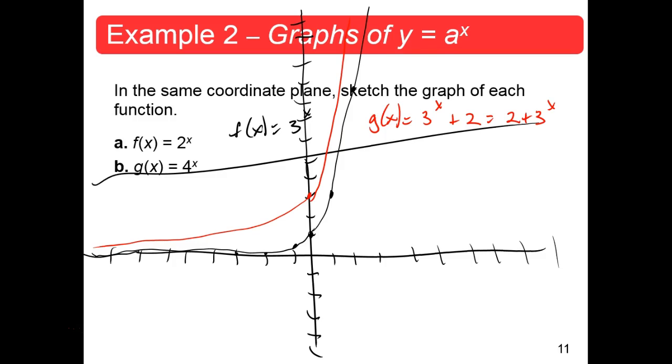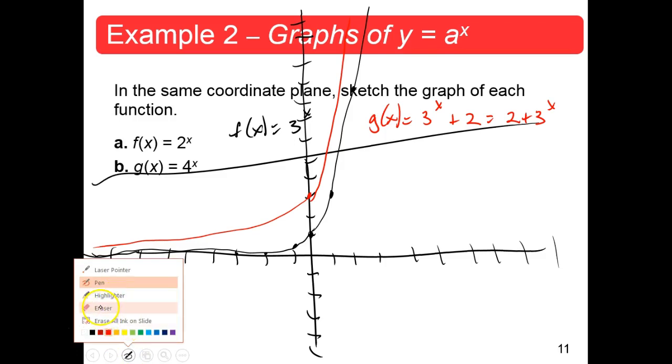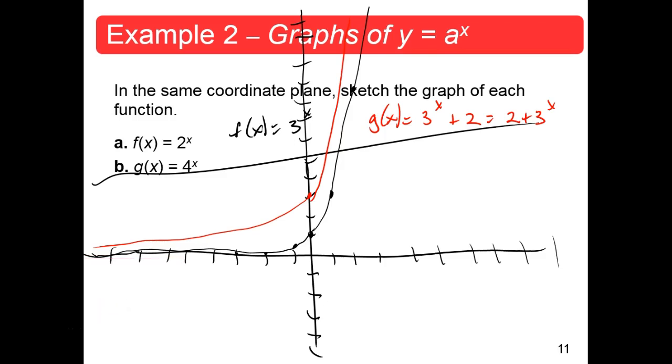But I was wrong. This is a different one. Sorry about this. I was just looking at it. In fact, I was trying to draw it that way, and it wasn't coming out too well. I should have guessed I was going the wrong direction. What we have done here, am I still red?